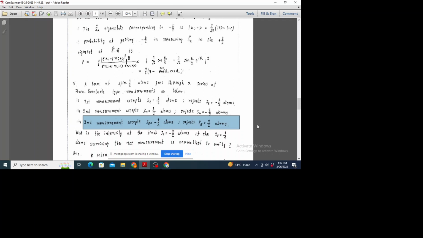So this is the 3-step procedure. Now the question is, what is the intensity of this final Sz equal to minus h cut by 2 atoms if the Sz equal to h cut by 2 atoms surviving the first measurement is normalized to unity?